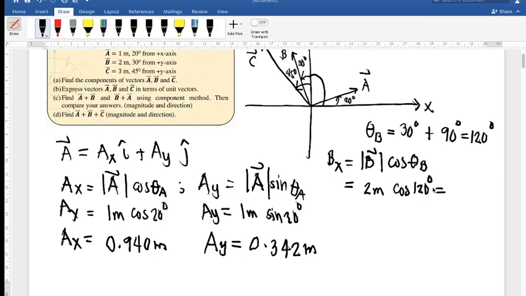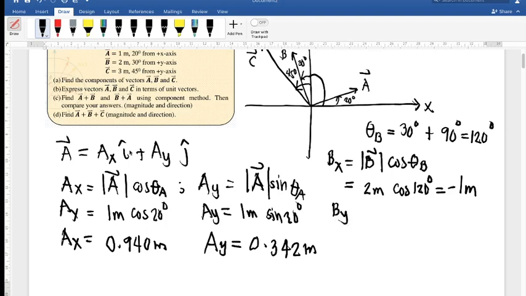So, how much is this one? Cosine of 120 times 2, that is negative 1. So, negative 1 meter yung Bx. How about your By?